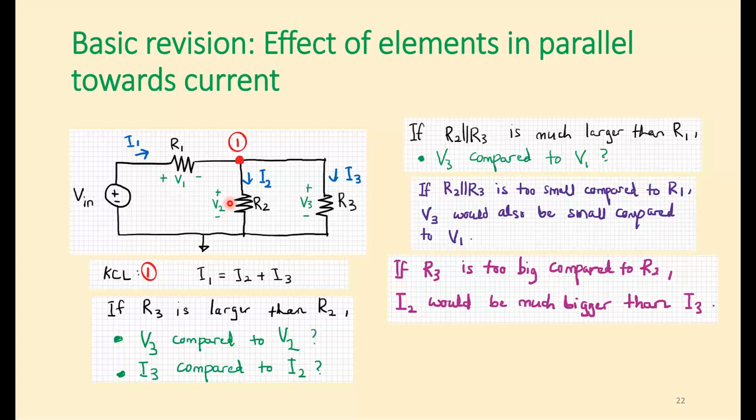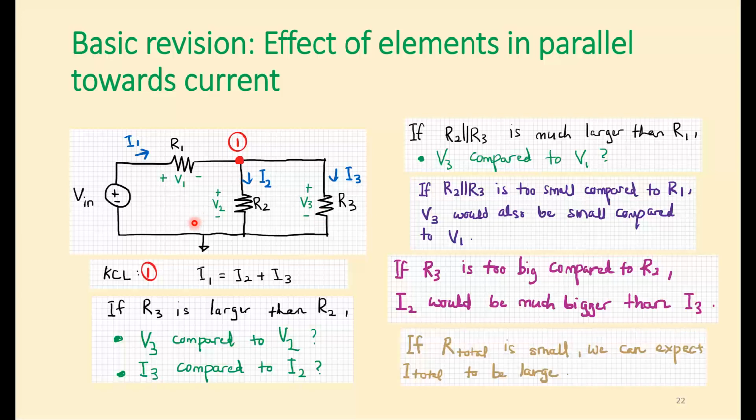If you like to think about it mathematically, you're thinking about it in terms of the current divider rule. But if you're just looking at it, understanding that a lot of current will find a lower resistance path, you can say intuitively that I2 would be much bigger than I3 if R3 is much bigger than R2.